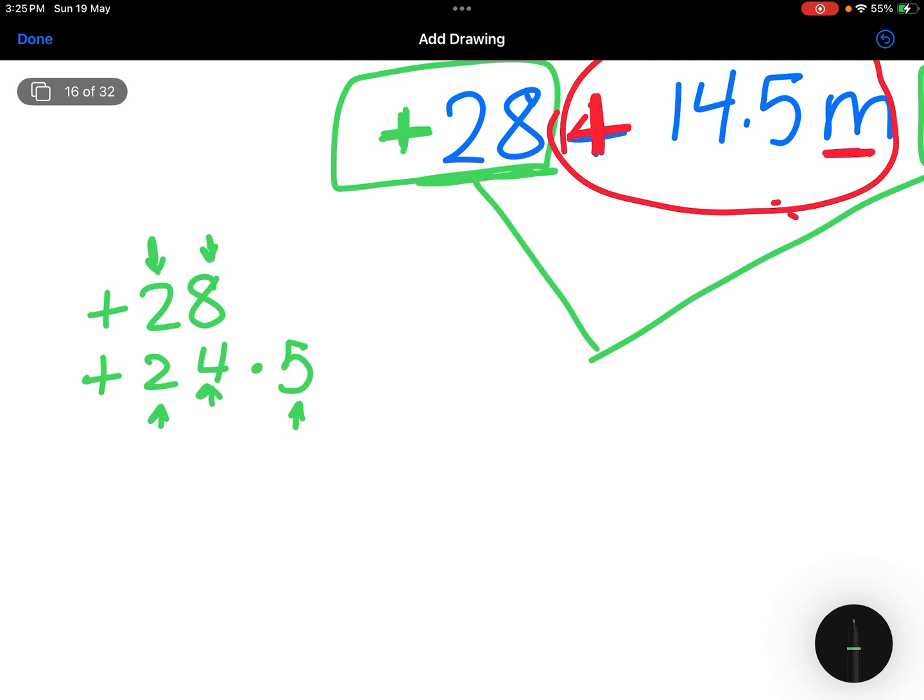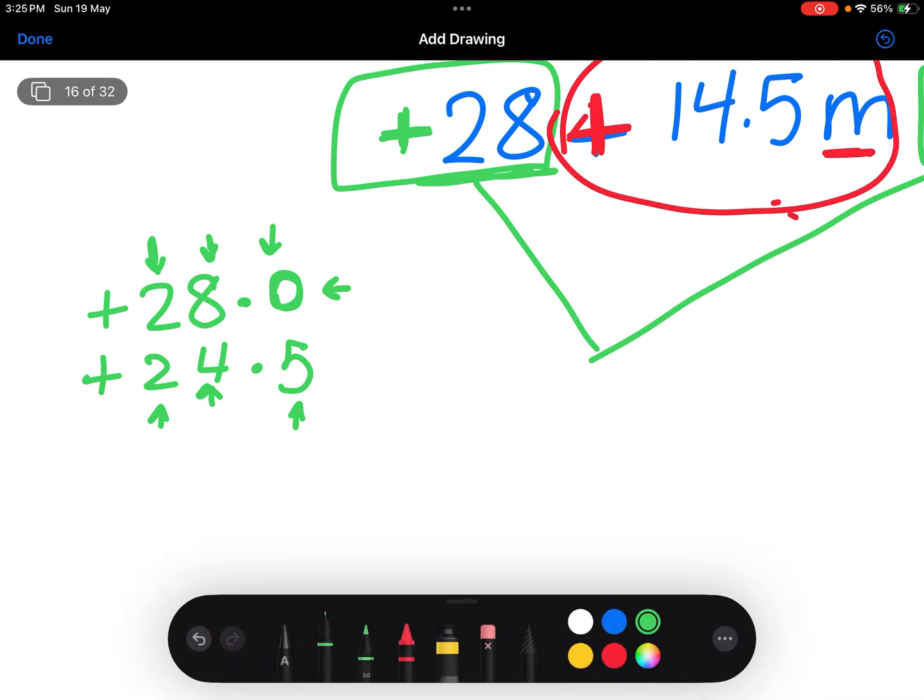This number, 0.5, is written on the side, and 28 does not actually have a corresponding decimal here, but I know the 28 is basically 28 point 0. There is no decimal, then I just add 0.0. Why do I do that? Because whenever you are adding decimals, it's always better to rewrite them in a way that both of them will look like a decimal. So I rewrote the 28 into a decimal form. Too many arrows. Just try to erase them.